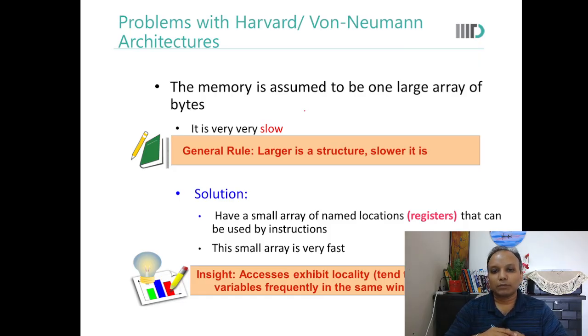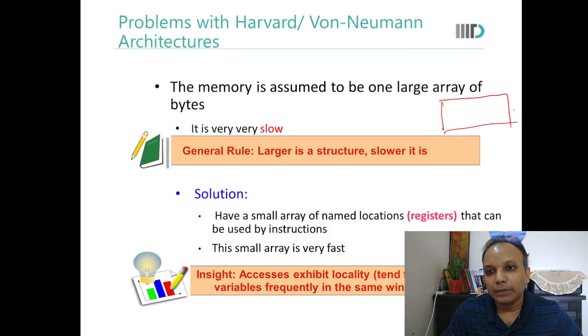So, what do I mean? I mean, if you have accessed a data recently, then irrespective of what instructions or what kind of program you have, it is very likely that you will access that same data again.